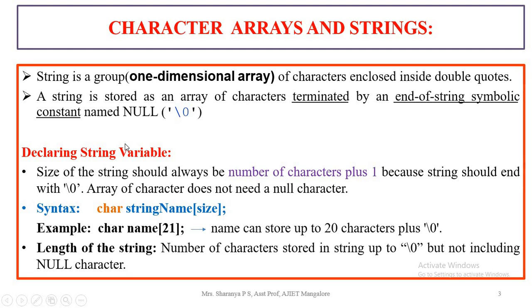Here, we have to look into two major aspects. First, when we are defining the string variable, we have to mention the data type. Since it is a character array, which will contain a set of characters, we will use the data type char. And since a string is a kind of array, we have to mention the size.